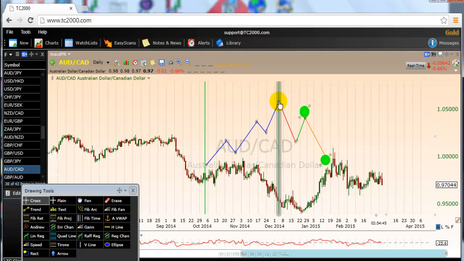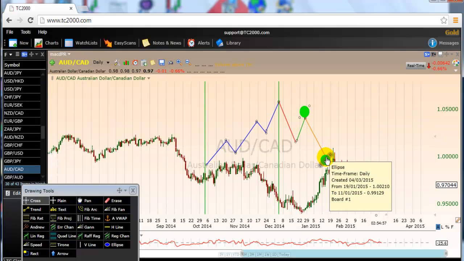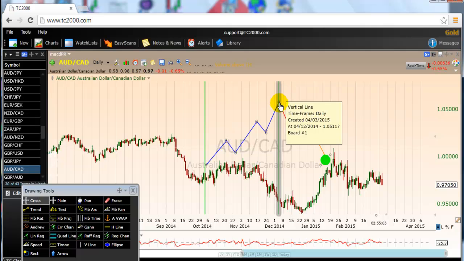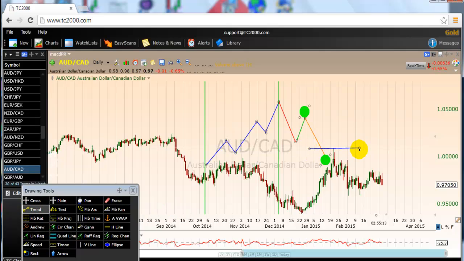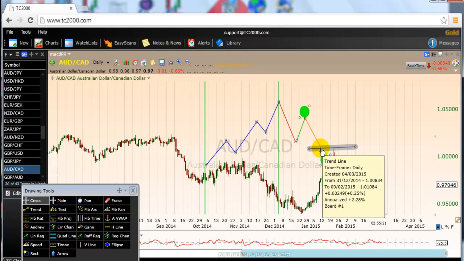If the A wave moved down 100 pips, from here down to this level, we will expect the move from here down to this level to also equal 100 pips. So when the price starts going down, we will set our target at 100 pips, equality between the A wave and the C wave. This will allow us to forecast the C wave of the zigzag Elliott-Wave pattern.